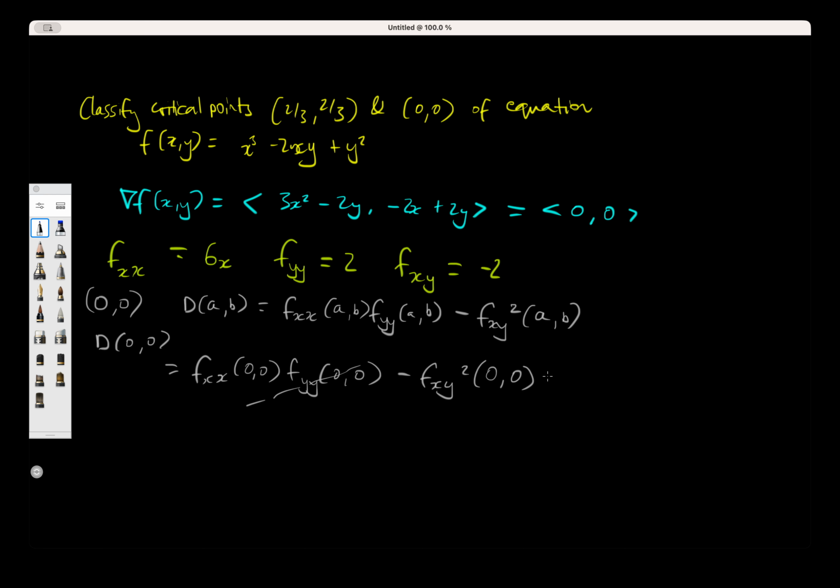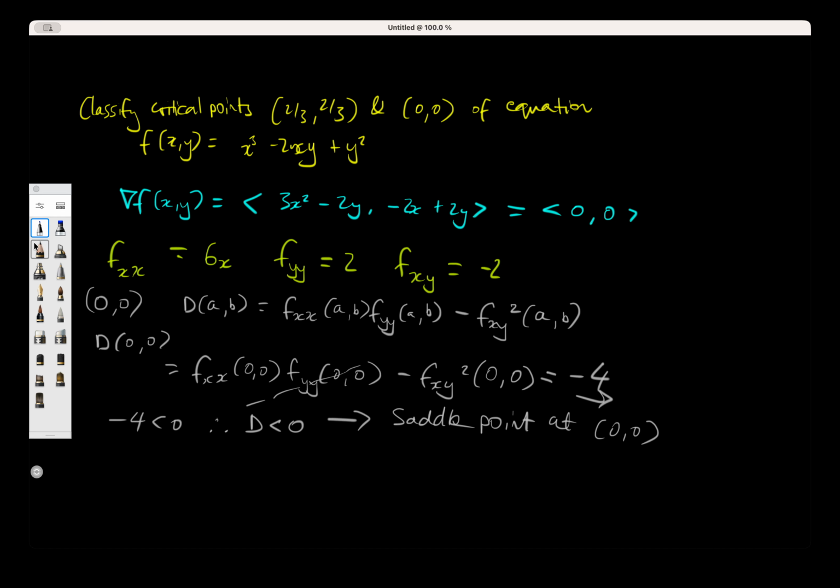So we get this as negative 4. Negative 4 is less than 0. Therefore, the discriminant is less than 0, which means this is a saddle point at 0, 0. So we've classified the first one successfully. We've found that it's a saddle point.